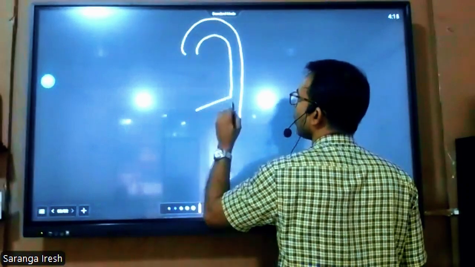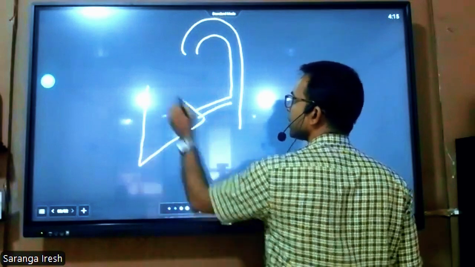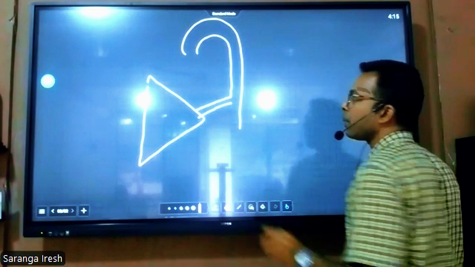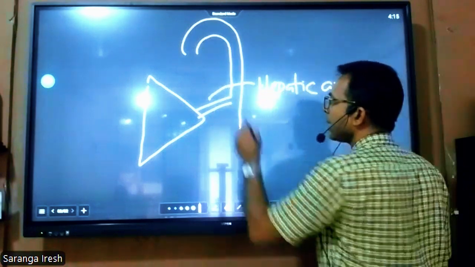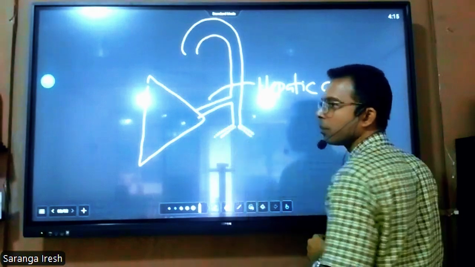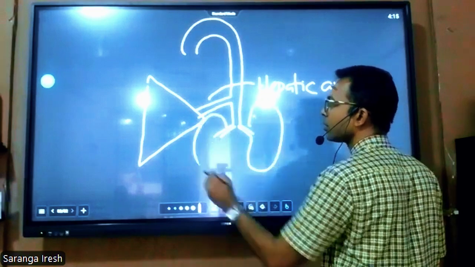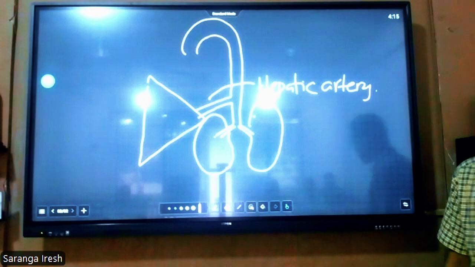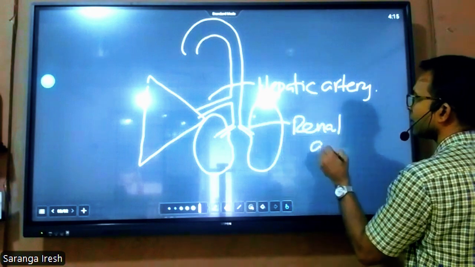One branch sends the oxygenated blood to the liver. That branch is named the hepatic artery. Then again the aorta branches into two branches and sends the oxygenated blood to the kidneys. Those are called renal arteries.